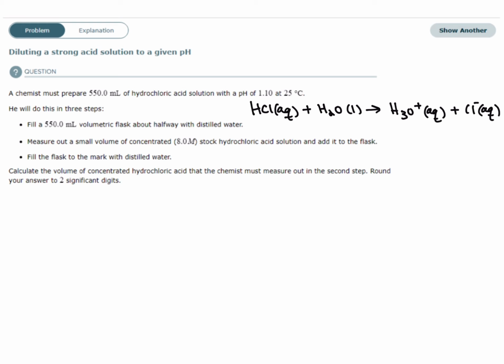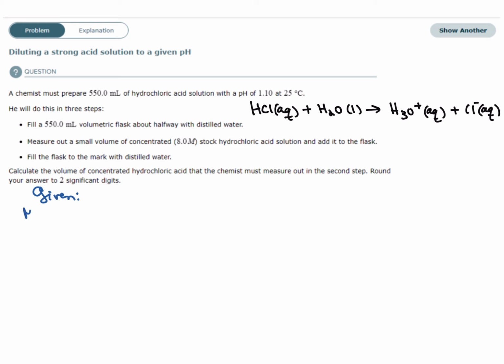So we're asked to figure out the volume of hydrochloric acid to make a new solution that has a pH of 1.0. So HCl is a strong acid, and strong acids ionize completely. So the initial concentration of HCl will equal the initial concentration of H3O+. And let's show that in a given table.